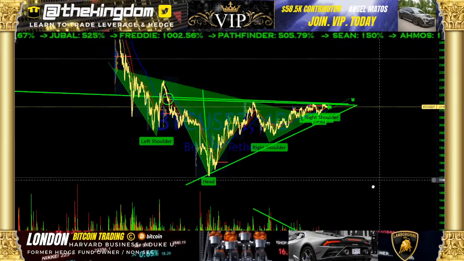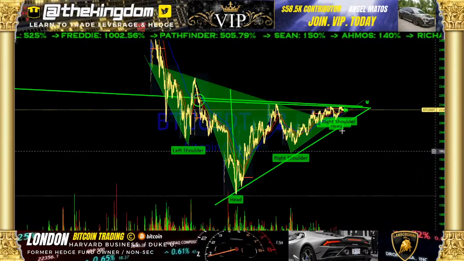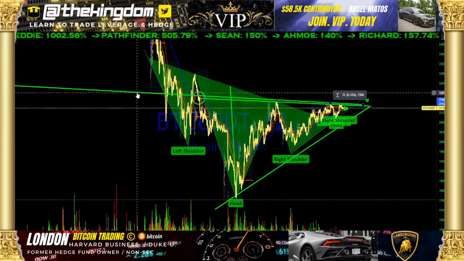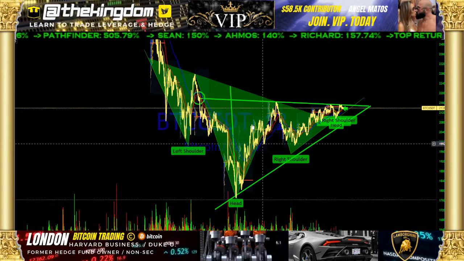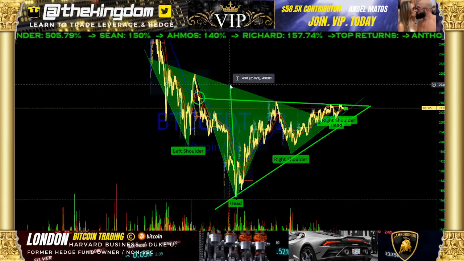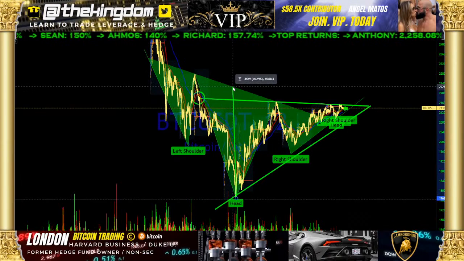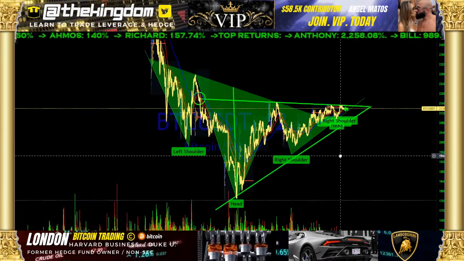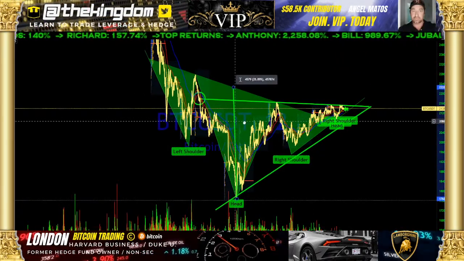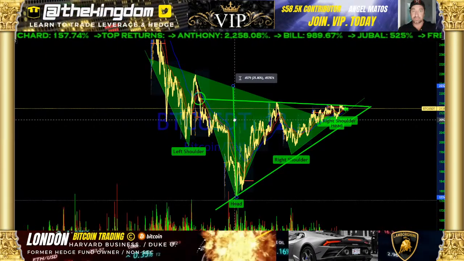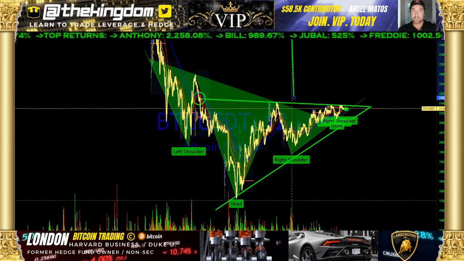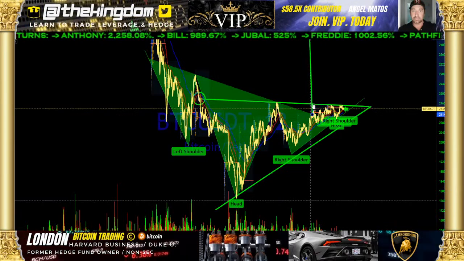And it's a very precise measurement, just so that you know that it's not guesswork. It's not, well, maybe this is the right way, maybe this is not the right way. No, guys, this is the way to measure a head and shoulders, and there's a specific application that you will apply this amplitude move to. You will stack it, boom, at the point of breakout on the neckline.